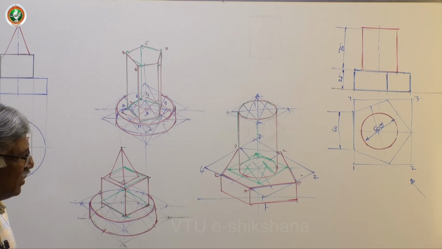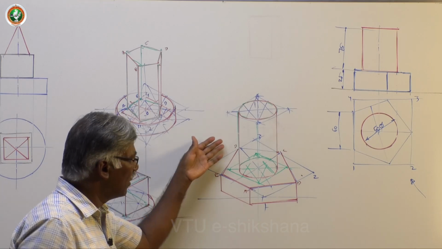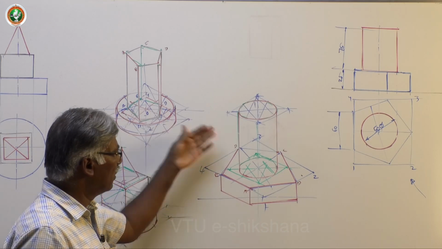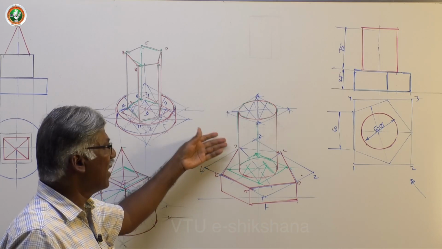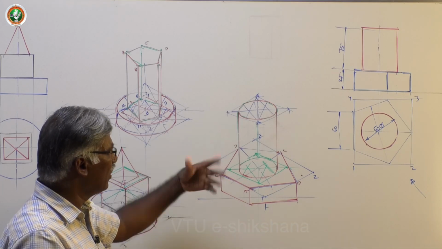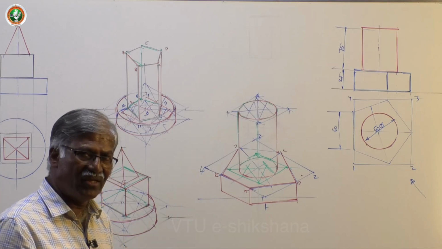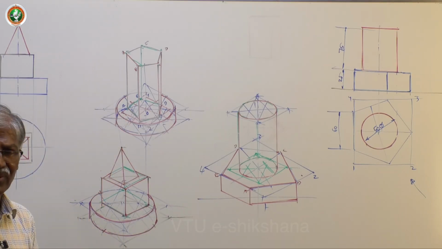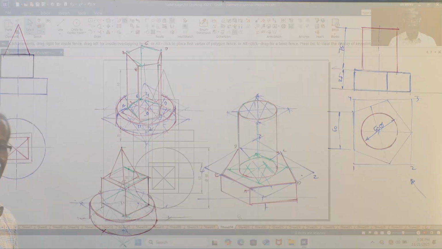So there are many other combinations, like you can have a cone or the frustum of a cone or the cylinder itself as of now, or you can keep any solid of smaller size. That combination you will work in the computer, and see how these combinations are done in the computer.